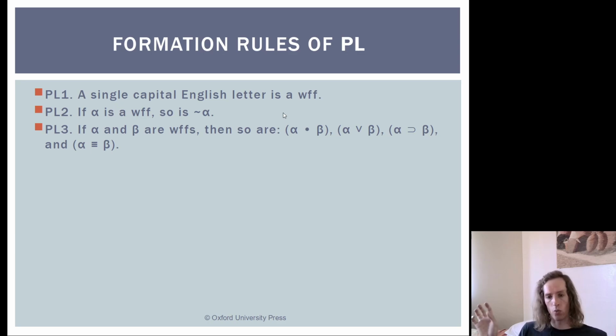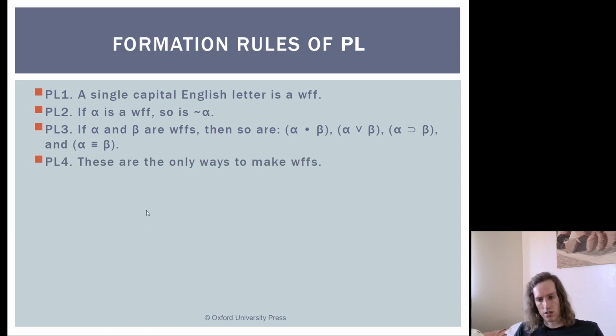These are all different ways that well-formed formulas can be combined, and they are still well-formed formulas. So first with a negation, then with conjunction, disjunction, conditional, and biconditional. These are the only ways to make well-formed formulas.